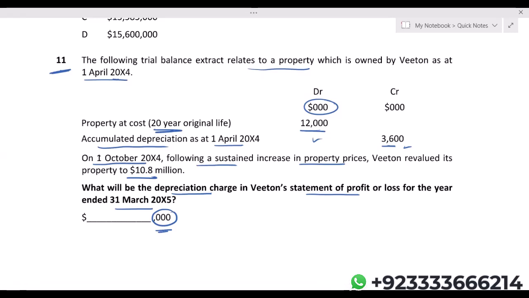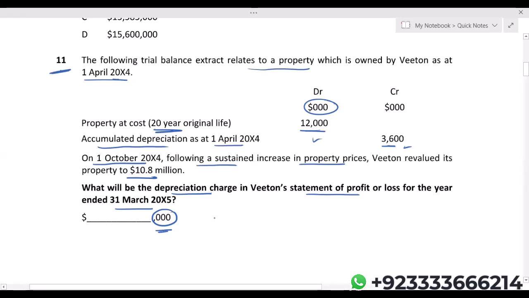It means that for the first 6 months, we will depreciate the previous cost of the property over its original life, which is 20 years. After revaluation, we always depreciate the asset over the remaining life. So first 6 months, the depreciation will be on its original cost over the original useful life of 20 years. After revaluation, we will be depreciating the revalued amount over the remaining life.